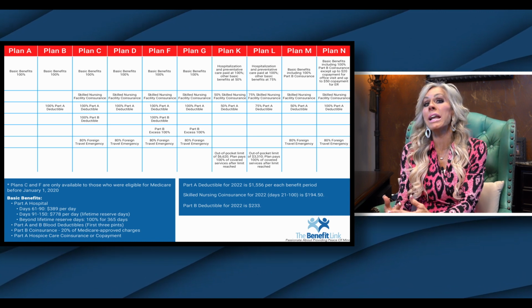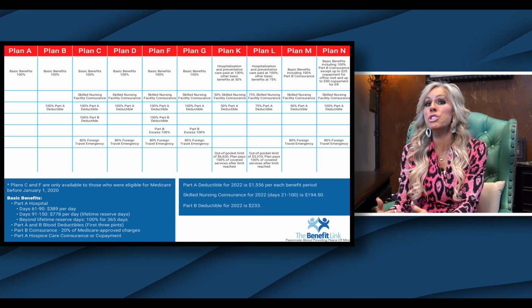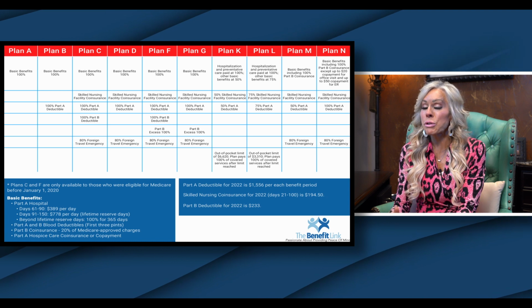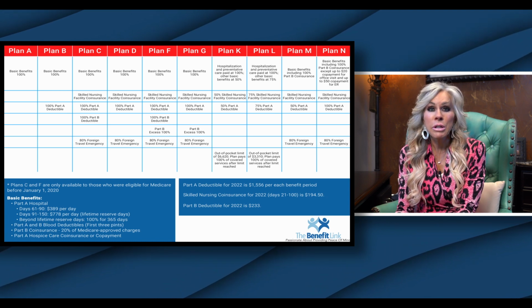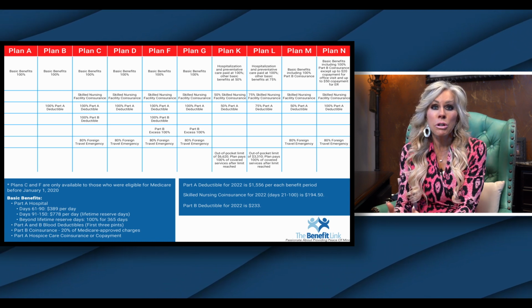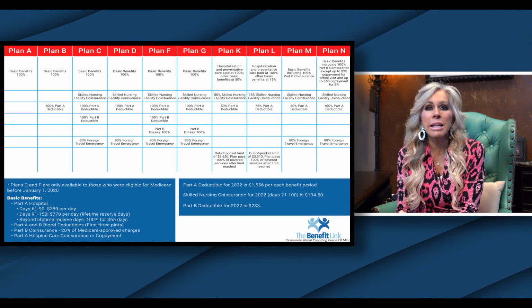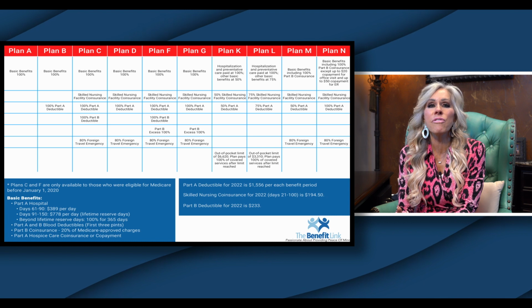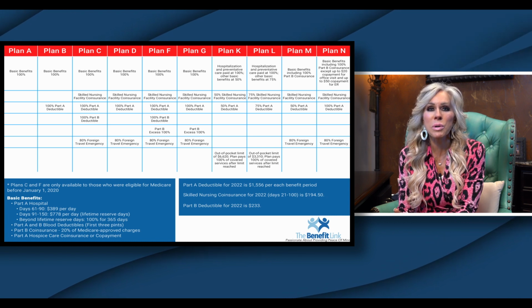If you were already on Medicare, even if it was just Part A, and you haven't taken out your Part B yet, you're 75 and you're retiring from your job, from your group insurance, that Plan F is available. You have to have had at least Part A in effect before January 1st, 2020.